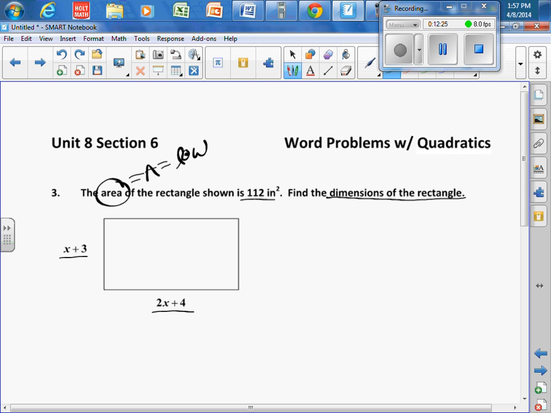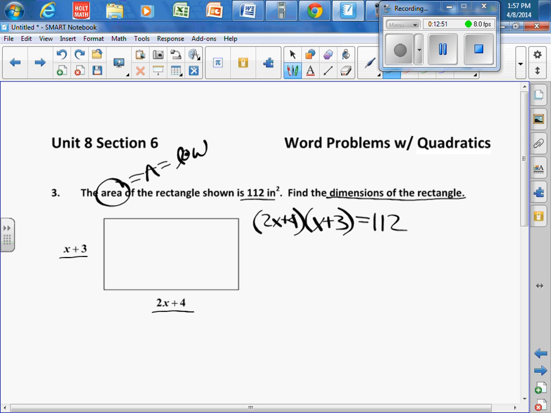Length times width. We're going to be taking 2x plus 4 times x plus 3, and when you do that, you get 112. Well, this is an equation, right? And don't we solve equations? Sure. So how do we solve an equation? Well, we have to clear any parentheses. That's always number one on the list of things to do when you're solving an equation.